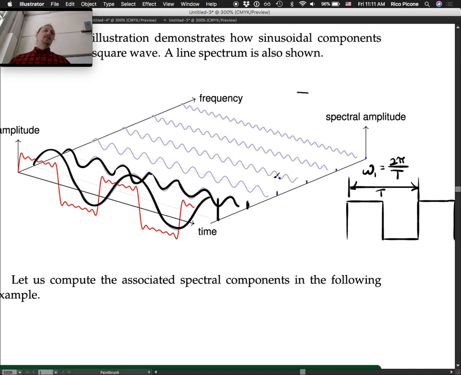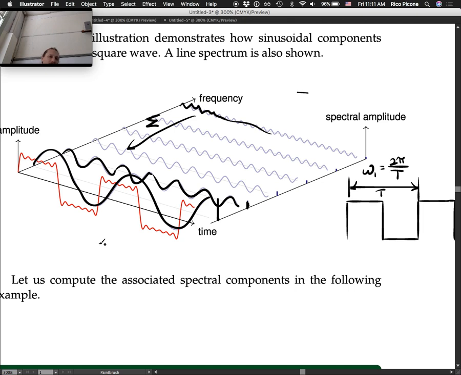So the idea, though, is that you take these, and way out here we've got this little tiny one, all the way down. And so if you add these up, if we sum all those up, we get this red wiggly line, okay?